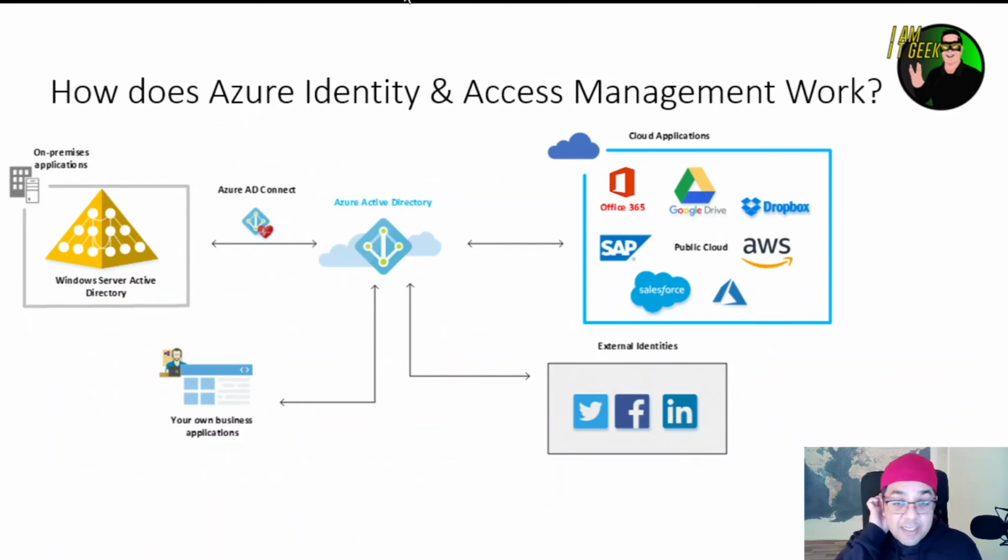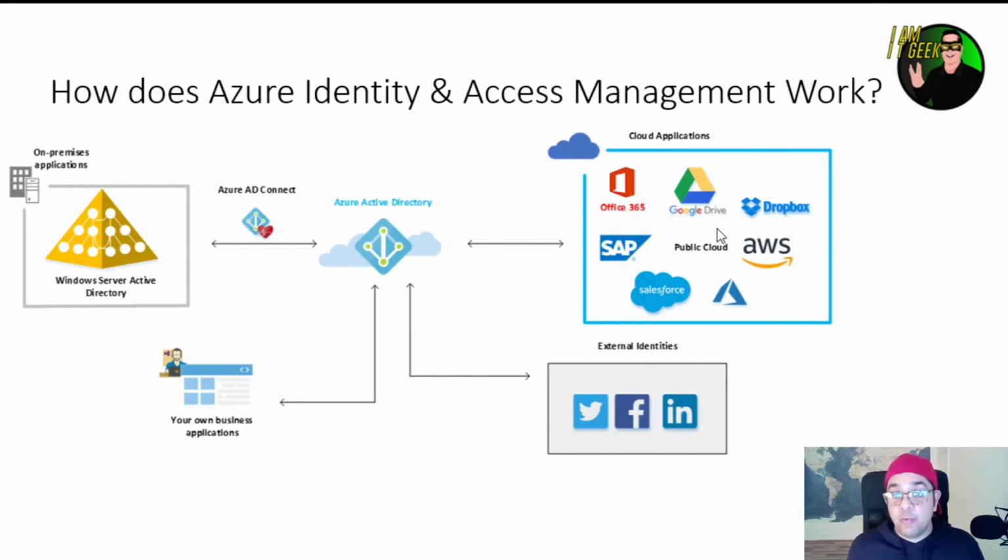So to summarize, essentially, Azure Identity and Access Management works with different cloud applications, external identities, and different on-premises or data center hosted identity management services like Active Directory on-premises, like Facebook, like Azure, like AWS.